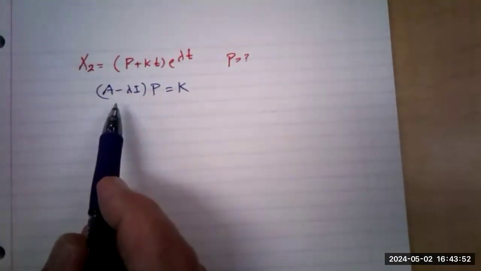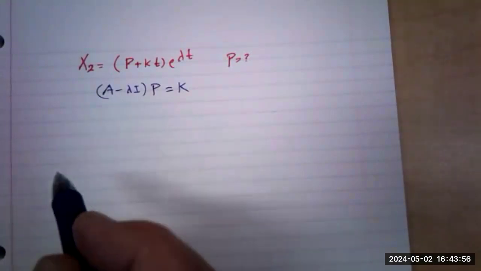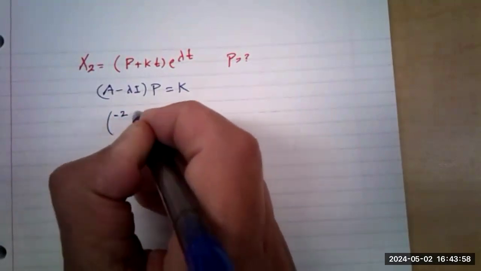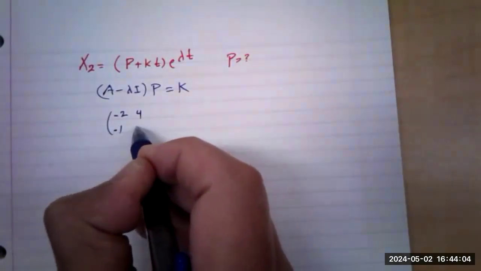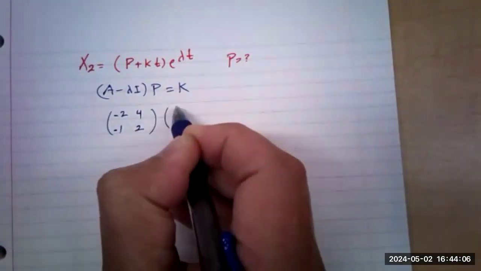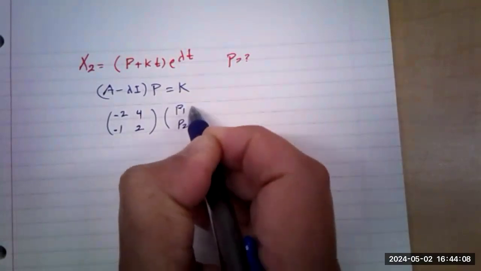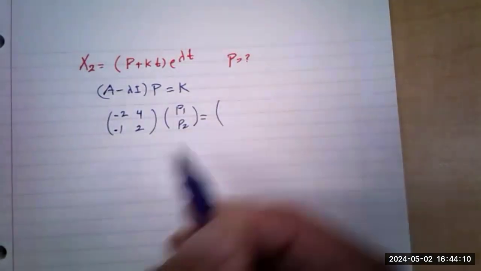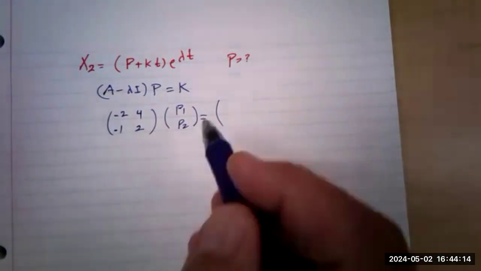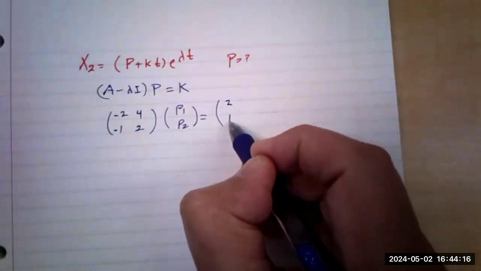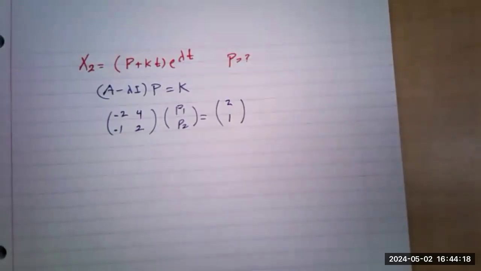The first part is like the previous matrix that we did. The matrix was negative 2, 4, and negative 1, 2. Now it's P1, P2 equal to K. The K that we got was (2, 1). Again, the rows are the same.